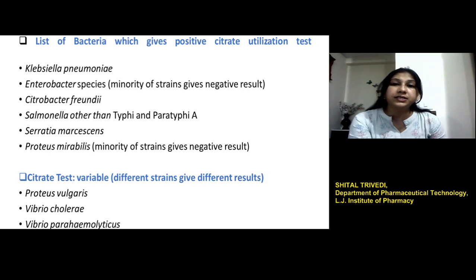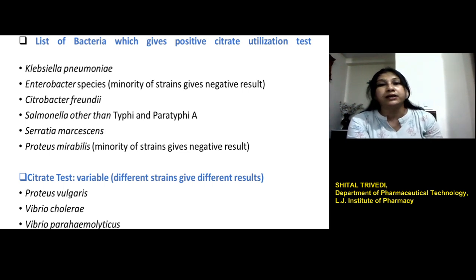Organisms like Klebsiella pneumoniae, Enterobacter species, Citrobacter species, and Salmonella species other than typhi and paratyphi are able to utilize citrate and give this test positive.